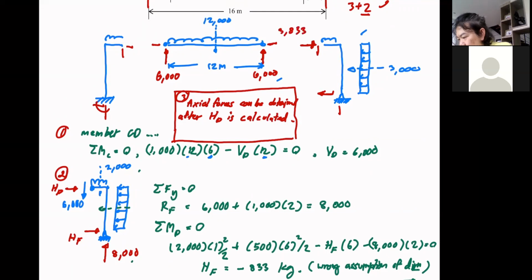Going this way, that's going that way, that's going that way, up until this point. Now you know that this is 3.833. Then that is also going to this, that's 3.833.